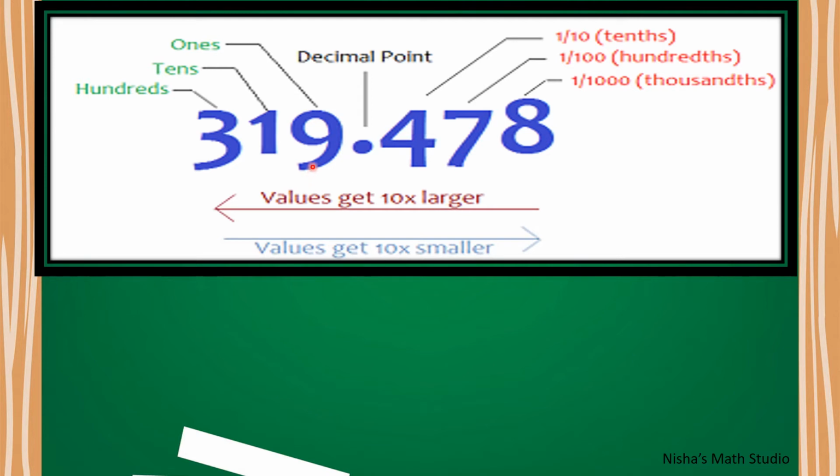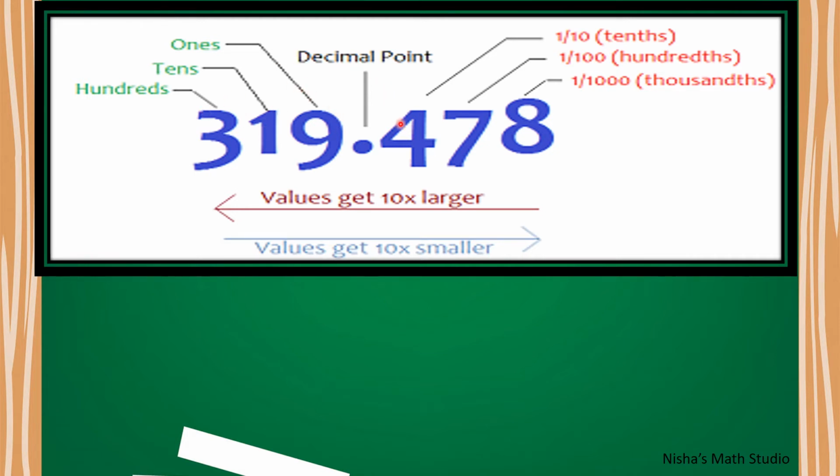This 9 comes in the ones place or units place, 1 in the tens place, 3 in the hundreds place. So 319 is the whole number. After the decimal point, whatever you have should be less than 1. Because see, tens place value is less than the hundreds place value, and ones place value is less than the tens place value.